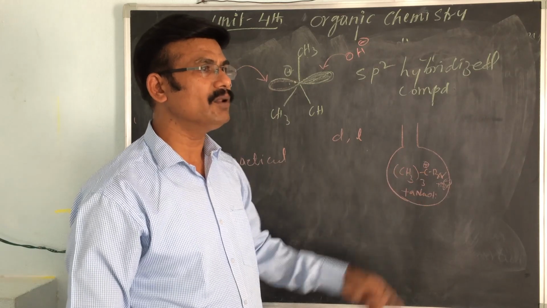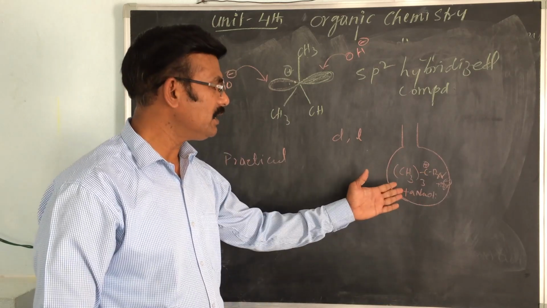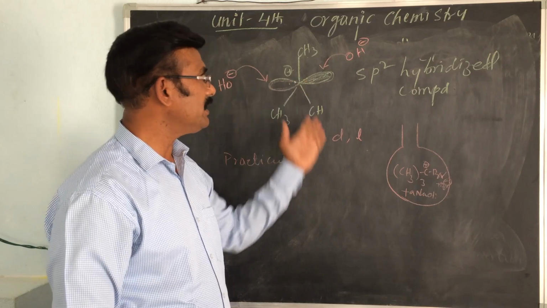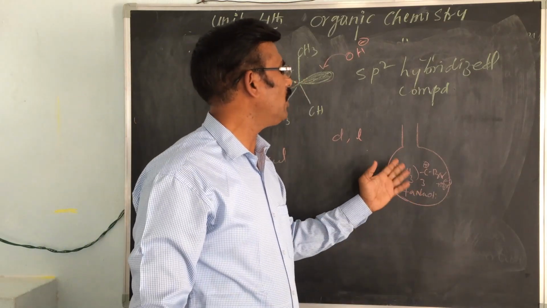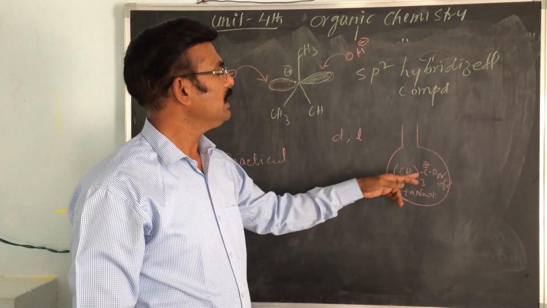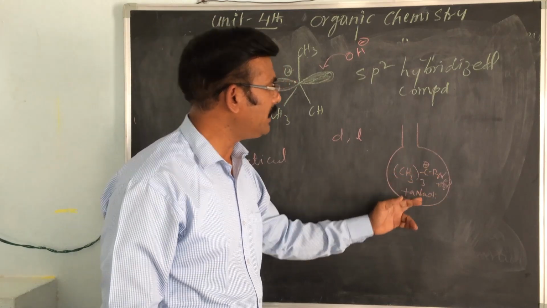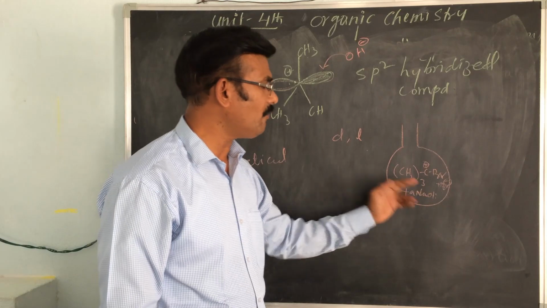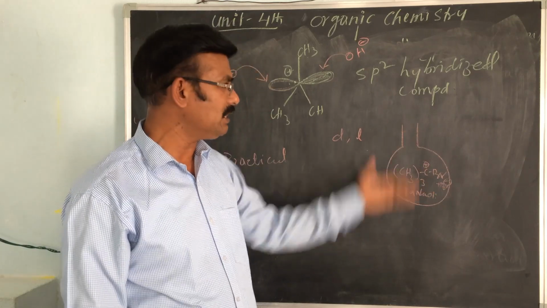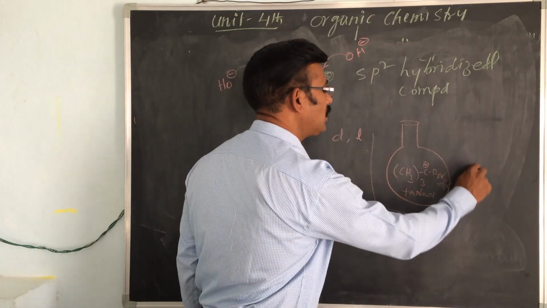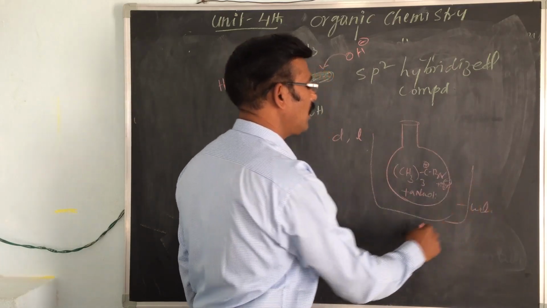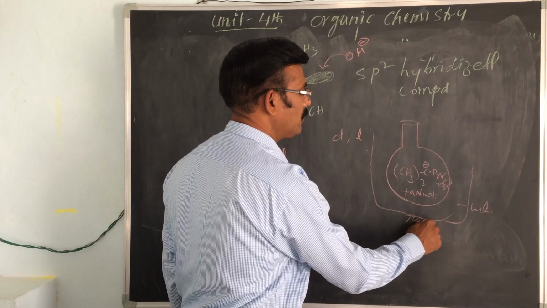So practically it is not possible, because we have not purified this compound. The Br is available, sodium hydroxide is available, and the nucleophile is available. Everything is available in the flask, with the water bath and temperature.